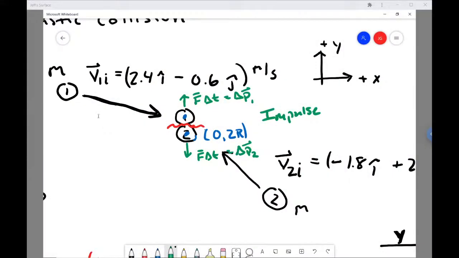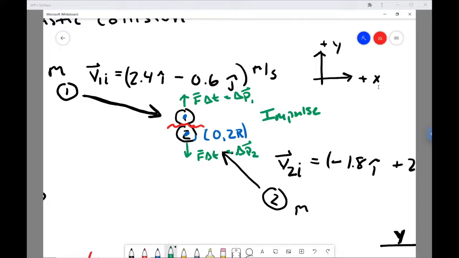The change in momentum is all oriented vertically, so that means there's no change to the horizontal momentum, and thus no change to the horizontal velocities. All the change is due to this vertical interaction. So they're going to switch. So I already know the answer here.